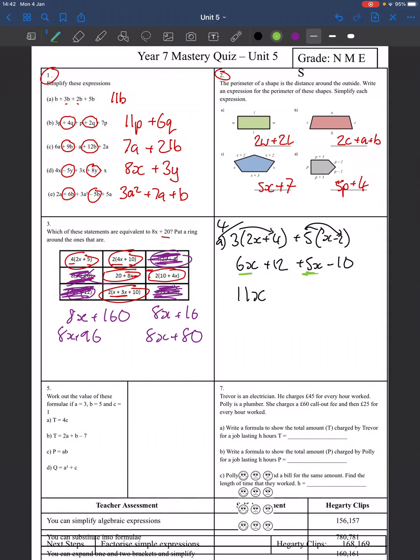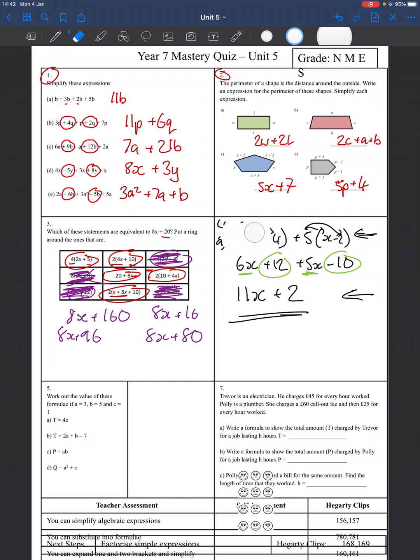And I've got plus 12 minus 10, so that's going to equal plus 2. And that becomes your answer. So this fairly long-looking thing here packs down into that. You expand the brackets out first, and then you gather the like terms and get it down to a much simpler expression. And so now we just need to do that to the others.